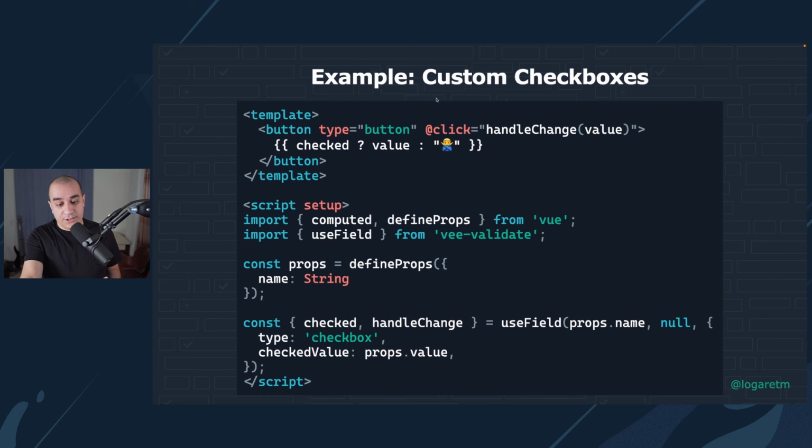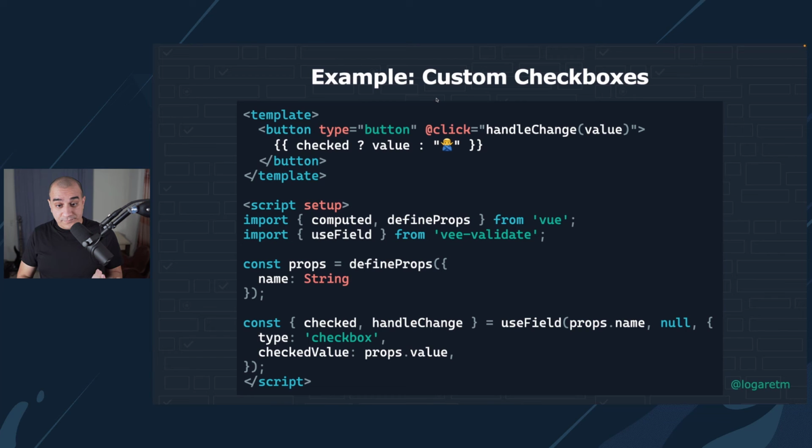You have the handle change and the checked property. You can use the checked property to assign on your inputs, or right here, I'm not even using an input. You can do something else entirely, like displaying the checked value and some emoji.